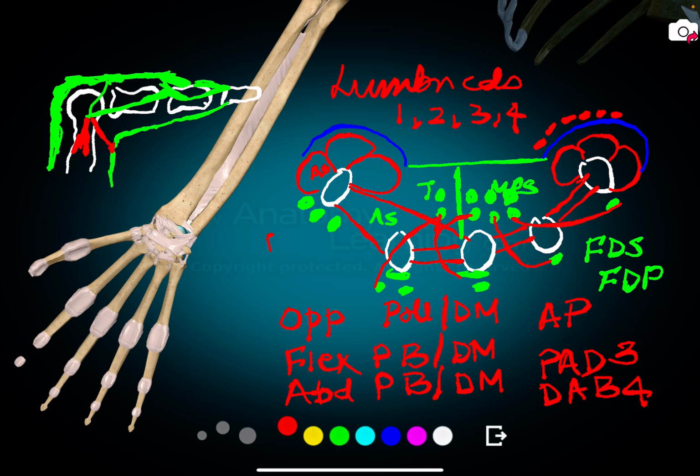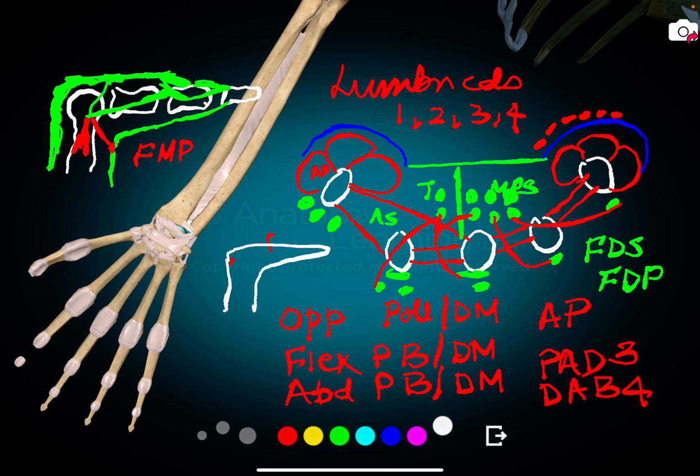So this lumbrical will flex the MP joint and extend the PIP and DIP joints through the extensor expansion. So it will cause this position of the hand, which we call the intrinsic plus position.